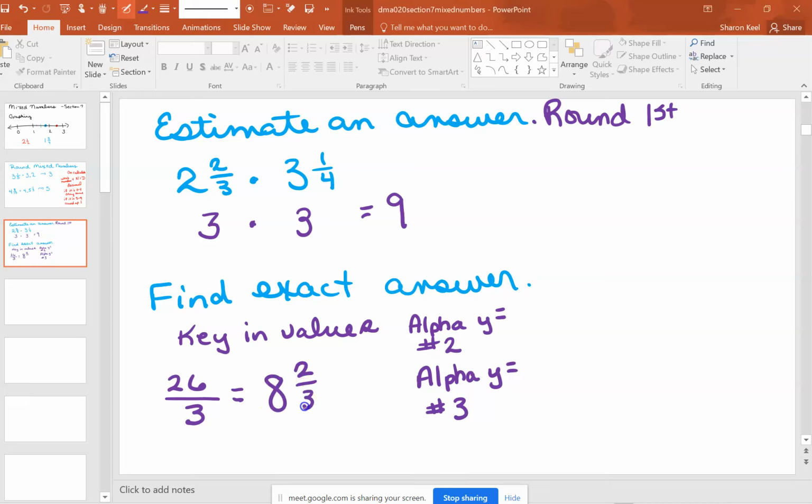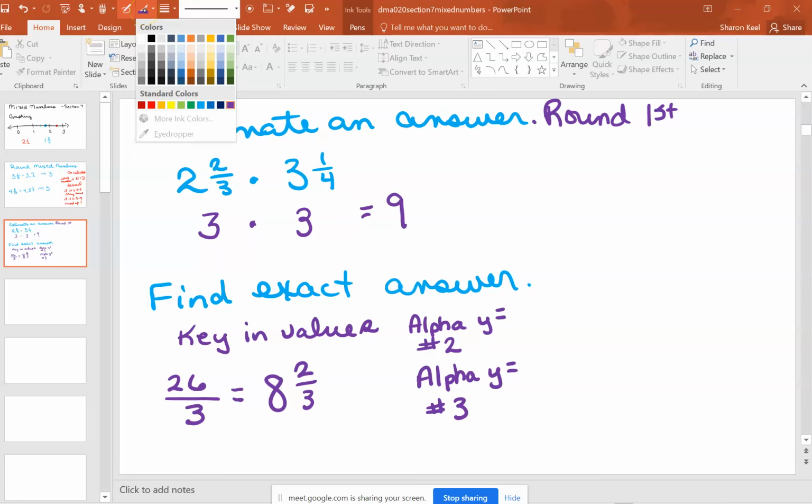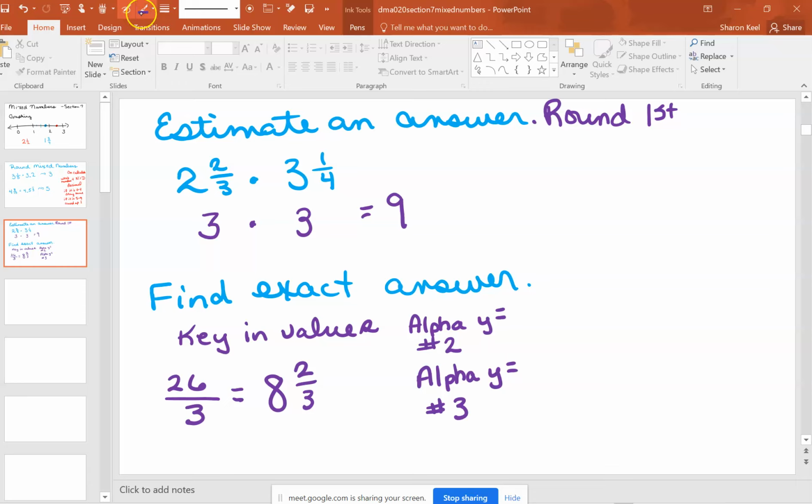Okay, let's do one more problem. Let's do a division problem, okay? So I'm going to use 4 1/5 divided by 5/9.